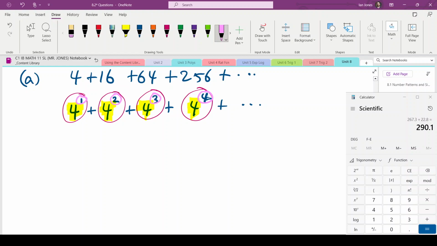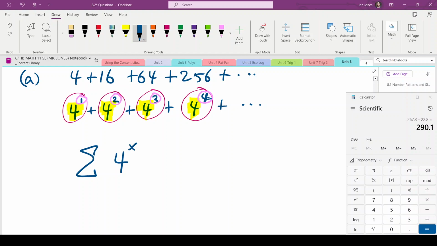The base isn't changing. So in my summation notation, the base won't change. The exponent is changing, so the exponent needs a variable. We could use i, j, n. I'm going to use x this time. So the exponent is changing.